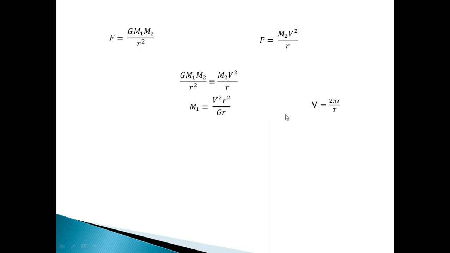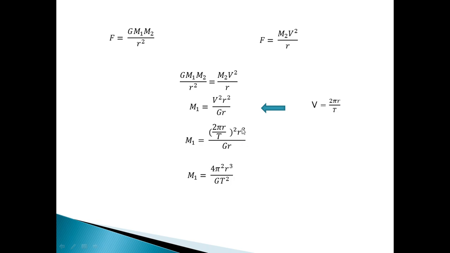Next, I asked you to memorize the formula for the velocity in circular motions. We know it's 2 pi r over T, and then we substitute this in this formula. When you square it, you get 4 pi squared, and then r squared times r squared.